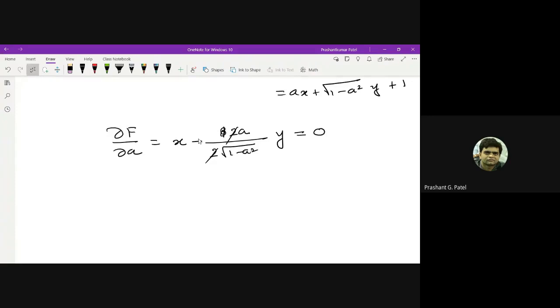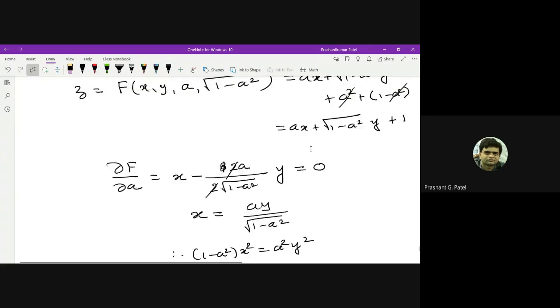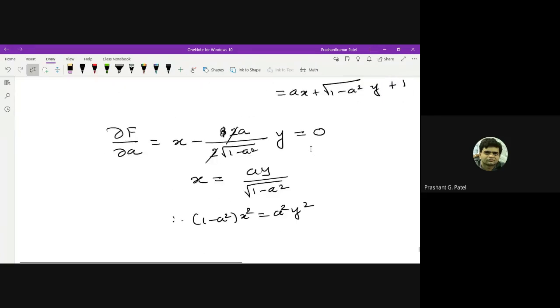Now we have to eliminate a from this. So what we get? We'll have x is equal to ay upon square root of 1 minus a square. So that is 1 minus a square x square equal to a square y square. So if we can calculate the value of a from this and substitute here, so what we get? Let's say it is x square minus a square x square equal to a square y square.